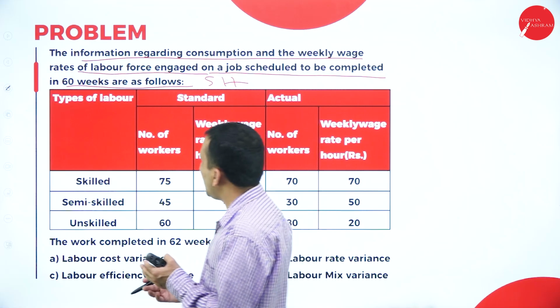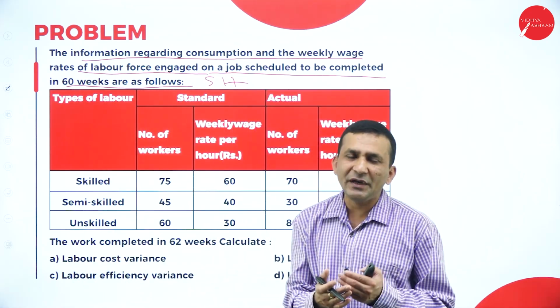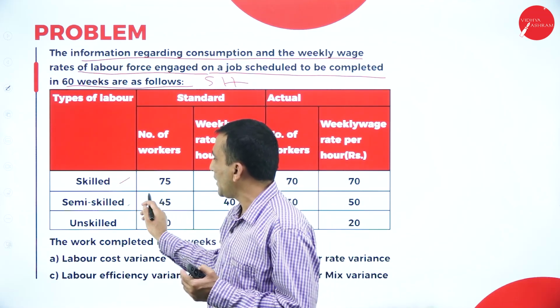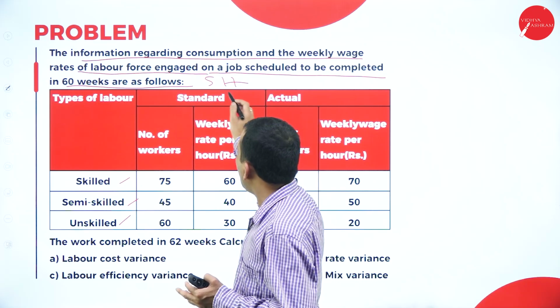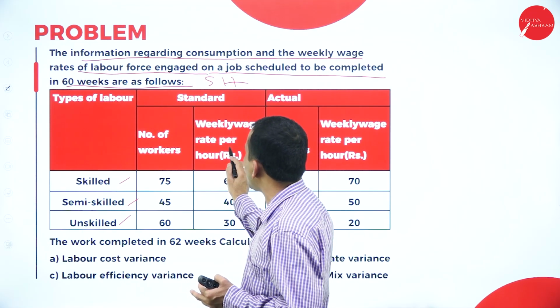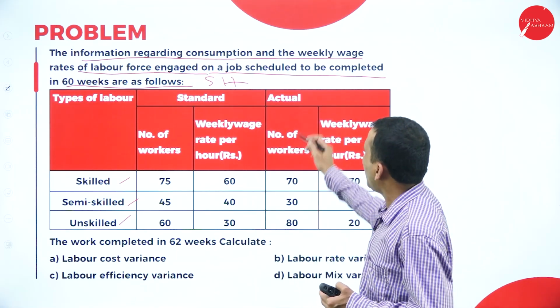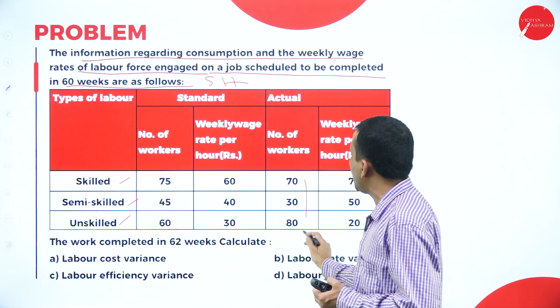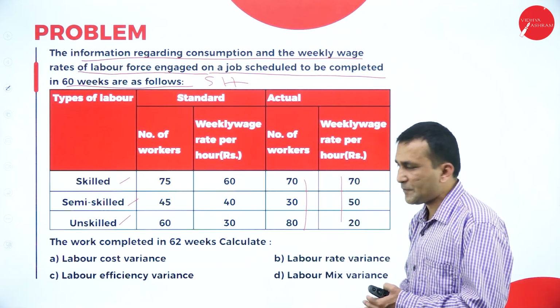So the additional information, the types of labor. Again we are finding combinations of labor like skilled labor, semi-skilled labor and unskilled labor. The standard information: number of workers is given, weekly wage rate per hour is also given, the standard rate is given. Now actual information: number of workers and weekly wage rate per hour, so the actual rate, is also specified.